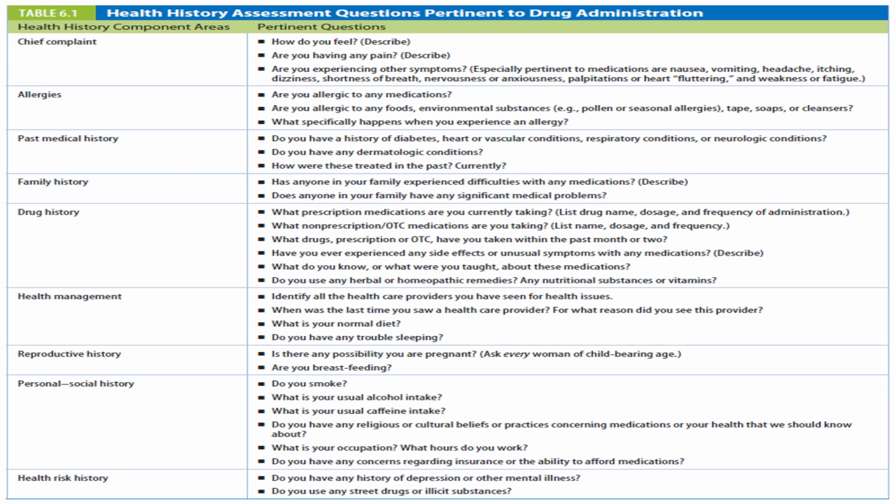Now, the table format that you can see provides pertinent questions that the nurse may ask during an initial health history to provide baseline data before medications are administered. The nurse must remember that what is not being said may be as important as what is being said.